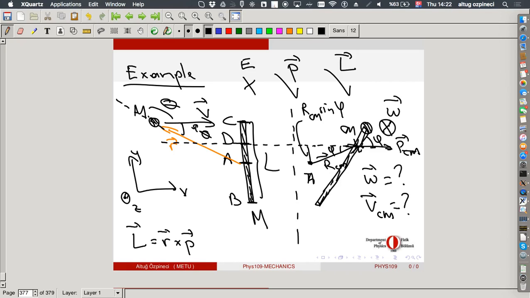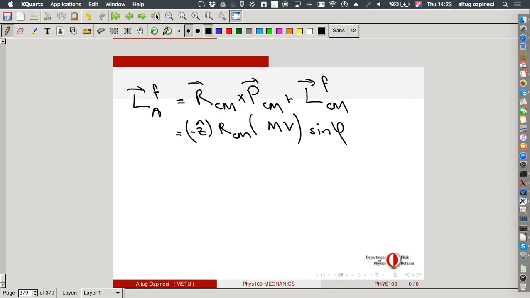Vertically at the middle is this point D, which is at a distance L over 4 from the center. So this is minus z hat mvL over 4. This is only due to the translational motion of the center of mass. Plus, of course, we have the rotational motion.